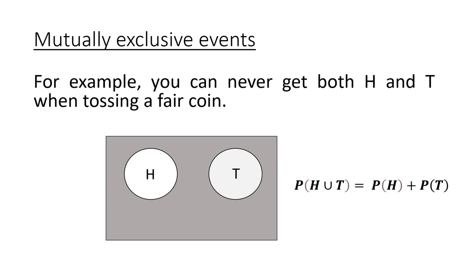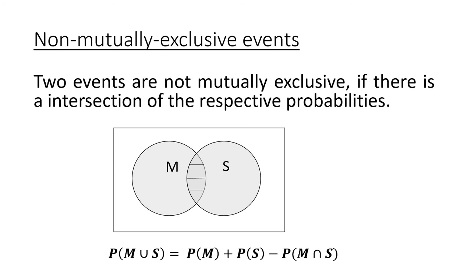Now, let's consider the example of events which are non-mutually exclusive. So imagine that students can take math and statistics classes. So set M consists of all the students taking math classes, and set S consists of all the students taking statistics classes.